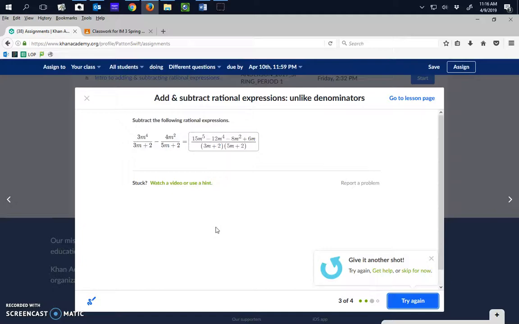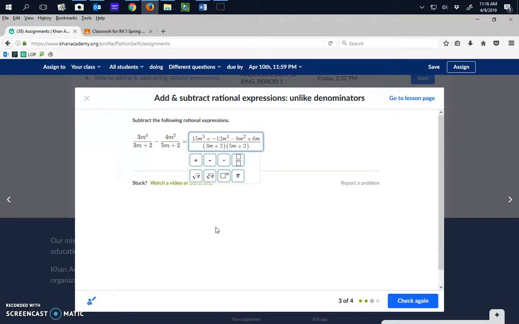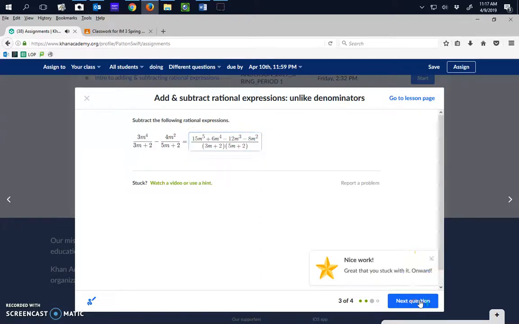Okay, so I need to redo this top. So it should be, yeah, plus 6m to the 4. Okay, and fixed, checked, and there we go. Next question.